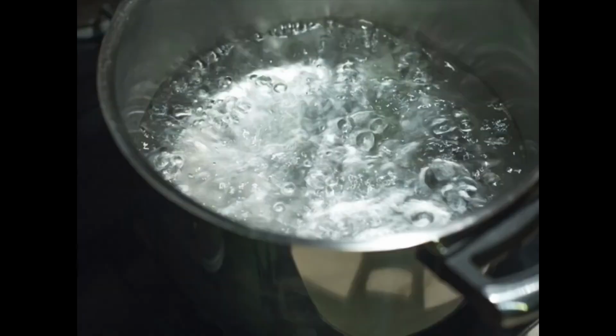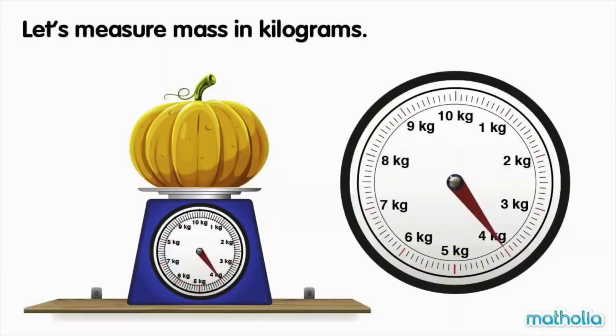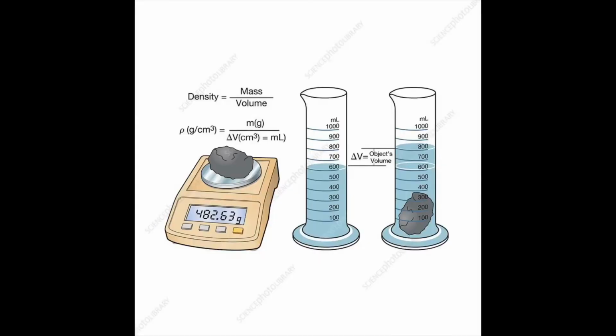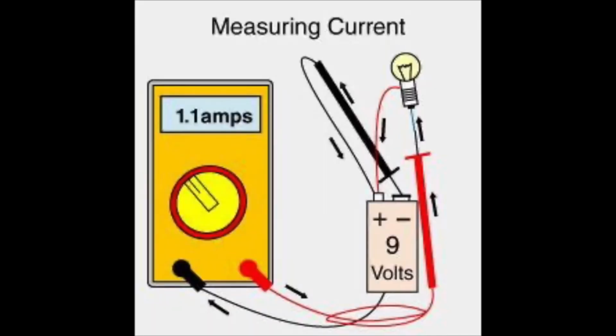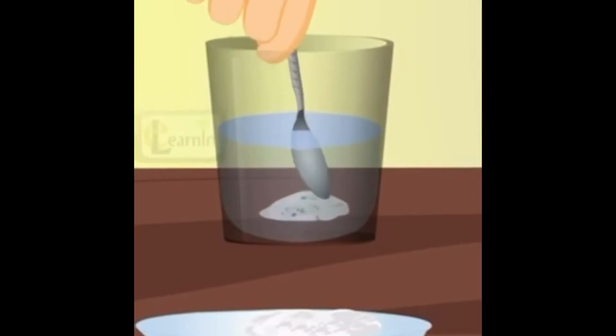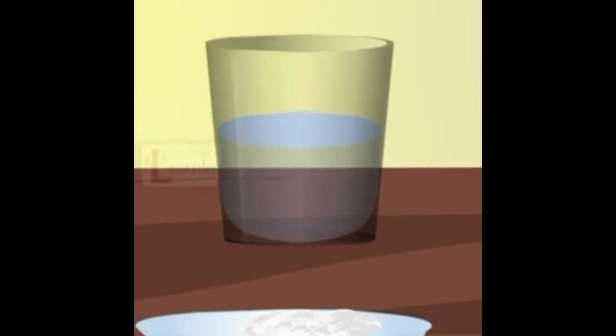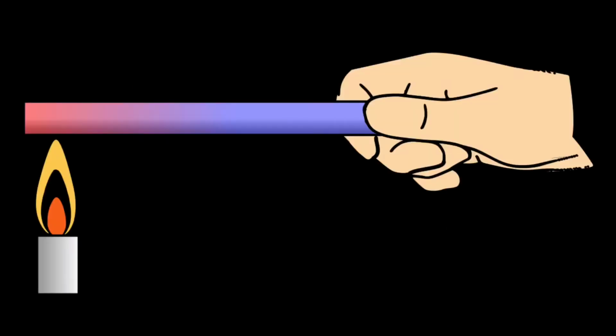Examples of physical properties include melting point, boiling point, mass, color, density, electric current, solubility, and heat conductivity. The melting point of ice is 0 degrees Celsius and the boiling point of pure water is 100 degrees Celsius.